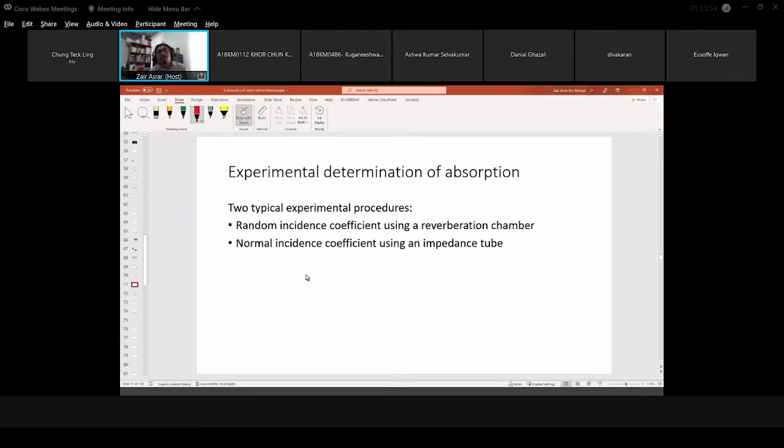However, if we use an impedance tube, we know that the sound is coming normal or 90 degrees with respect to the surface. So this absorption coefficient tends to be a normal incidence coefficient. And normally, materials are rated using impedance tube. Testing using a reverberation chamber tends to be more difficult, although it represents the actual condition much better compared to impedance tube.